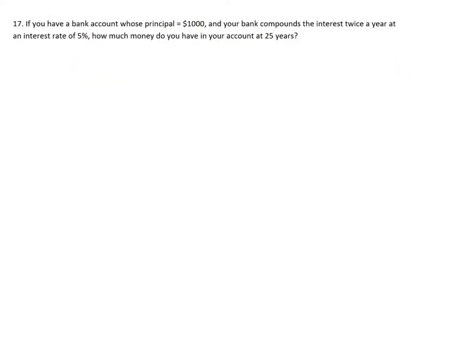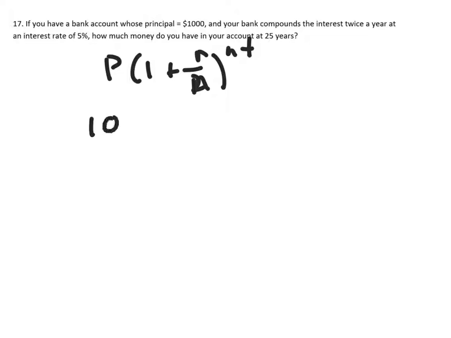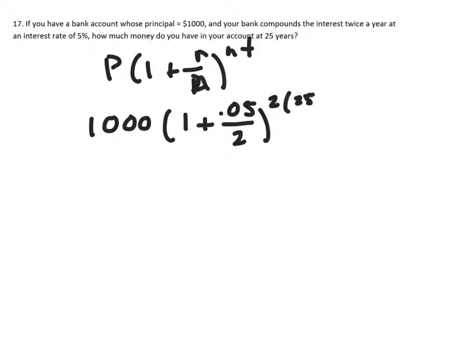This is a compound interest problem, and the formula, and you'll have it of course, looks a little bit like this. And so if you want to know the amount, your initial principal is 1,000, 1 plus the rate 0.5, compounds twice a year, so twice a year times 25.